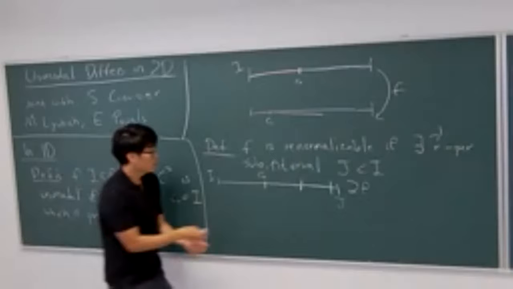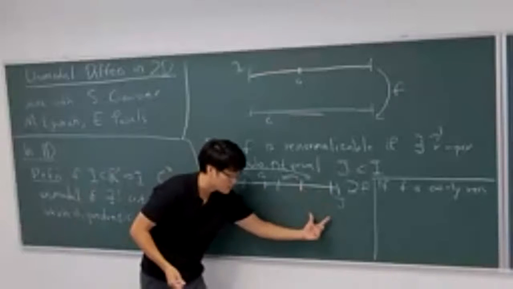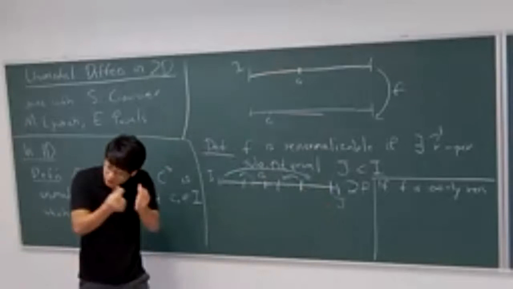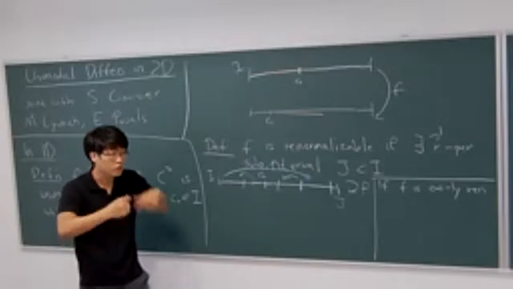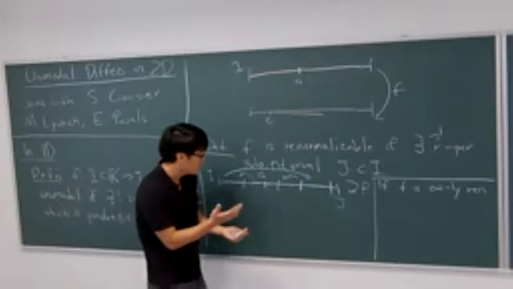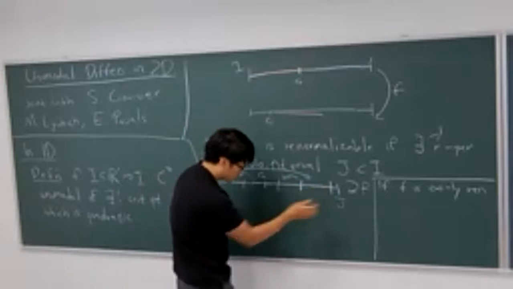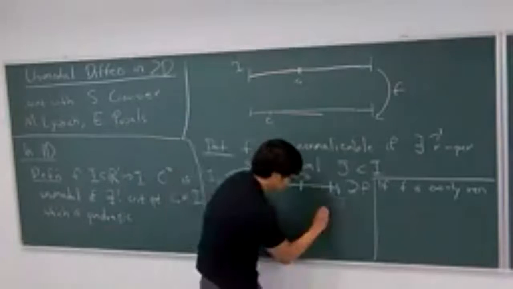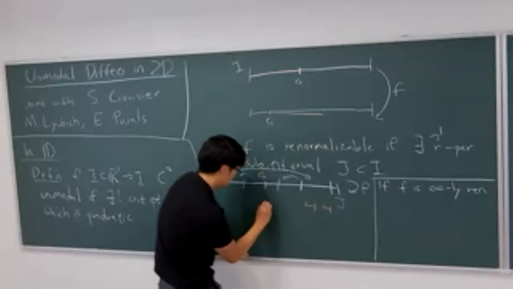Now F is infinitely renormalizable if there exists not just one periodic subinterval, but an infinite nest of periodic subintervals, smaller and smaller, with larger and larger periods. So the periodic subinterval itself has another periodic subinterval, and so on.